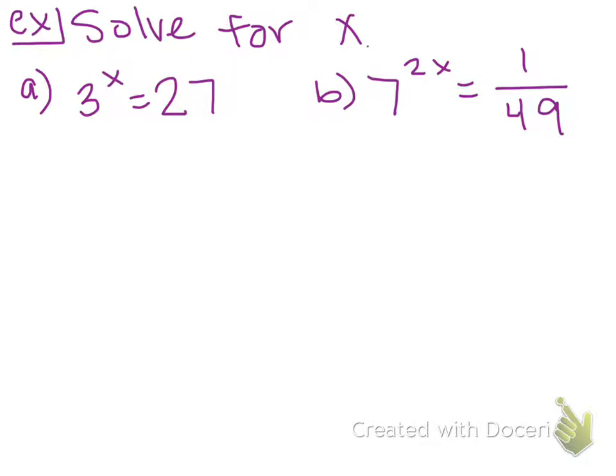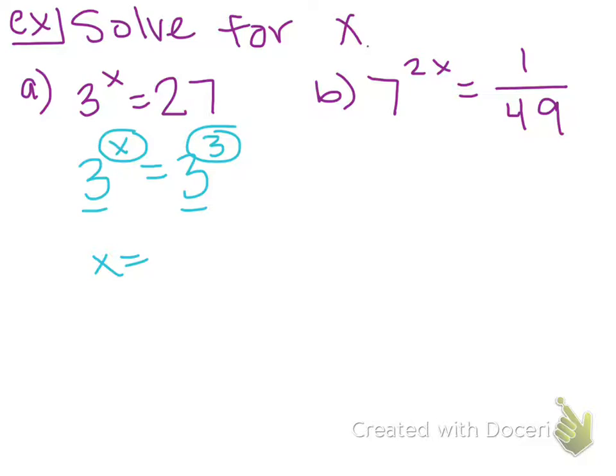So on the back page, we're now going to talk about solving when the bases are not the same. So to begin, I'm going to rewrite the right-hand side to have a base of 3. 27 is the same thing as saying 3 to the 3rd power. By doing that, now I have the same bases, which means I can set my exponents equal. Letter B, we're going to start by addressing that 49.